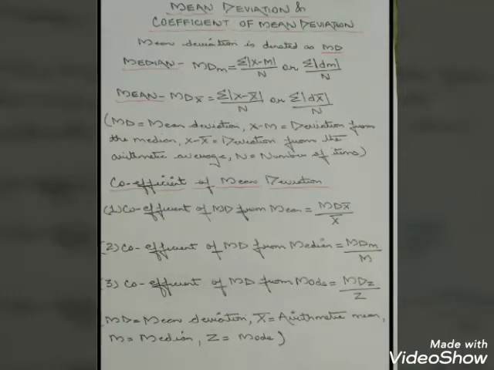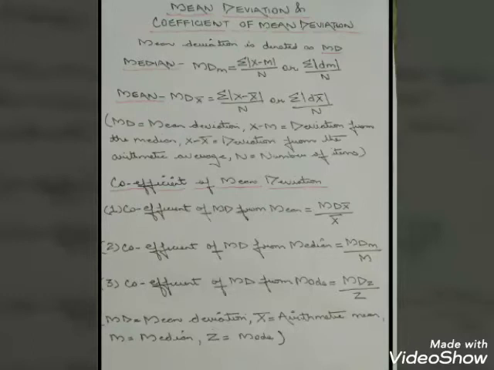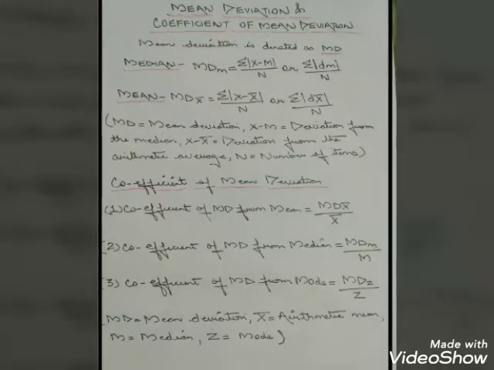If you have to calculate mean deviation from median, then the formula goes like this: MDM equals sigma |x minus M| upon n, or sigma |dM| upon n. And if you calculate mean deviation from arithmetic mean, then the formula is MD equals sigma |x minus x̄| upon n, or sigma |d x̄| upon n.